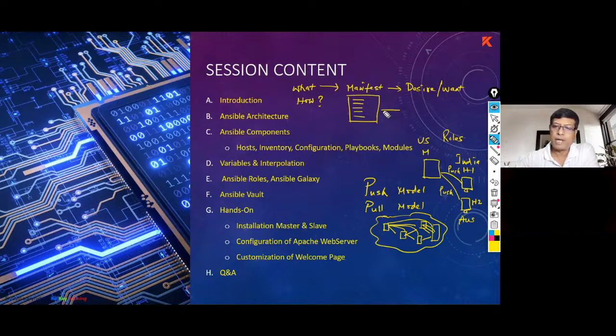The playbook will have tasks, one task, another task, and those tasks will be deployed onto your nodes. You have the Ansible command to execute this playbook, and the playbook will then push those tasks onto the hosts.